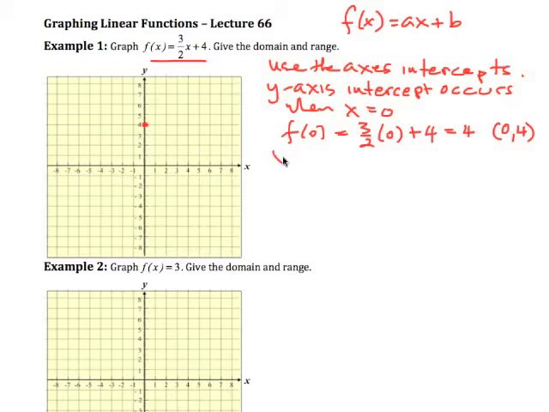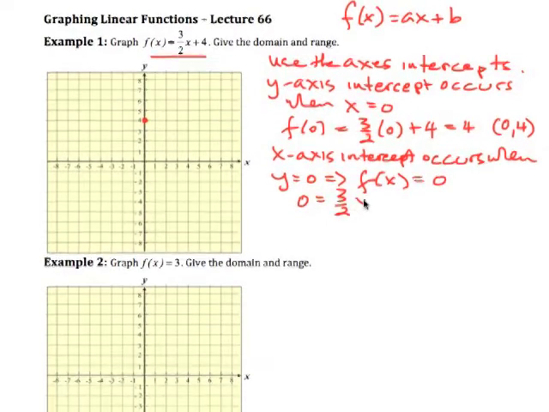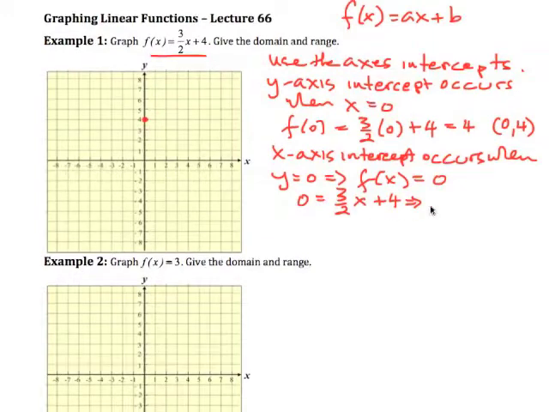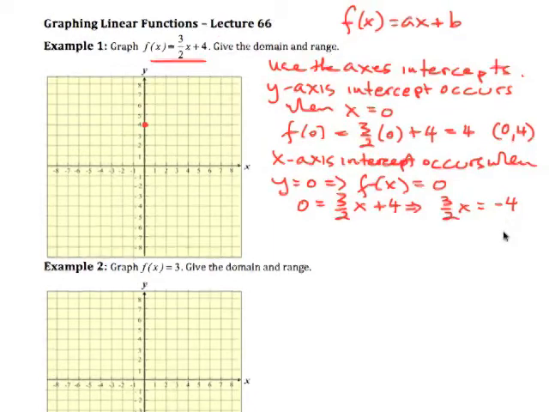Now the x-axis intercept occurs when y is equal to 0, which implies that the function value for some x is equal to 0. So we're looking at when 0 is equal to 3 on 2 x plus 4, and we solve for x. If I subtract 4 from both sides, 3 on 2 x equals negative 4.